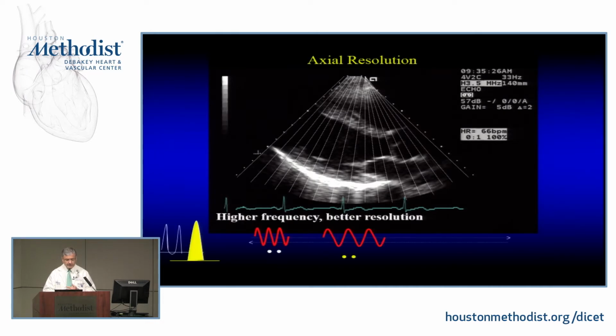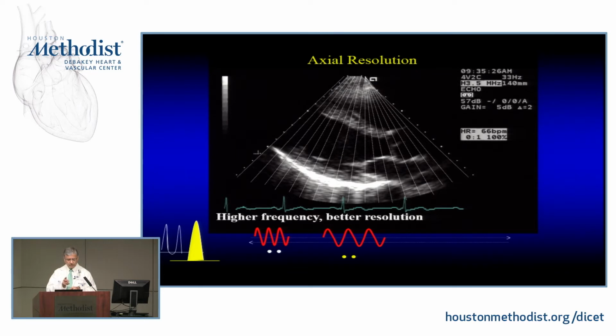Okay? So let's talk now a little bit about resolution, which is now very important. So we're getting to some of the practical terms. You have two examples, a higher frequency on the left side and a lower frequency on the right side. So just imagine I have two dots. I'm going to say I'm imaging these two, and these two dots are indeed separate. They're not one dot. They're actually two.